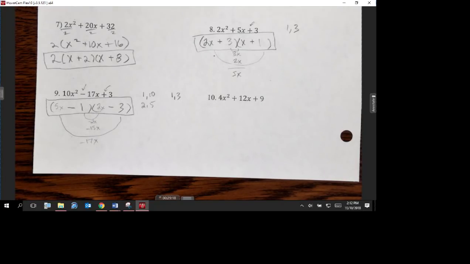Oh, okay, that works. 3 and 3 or 1 and 9? Put them in there and start checking your answer.